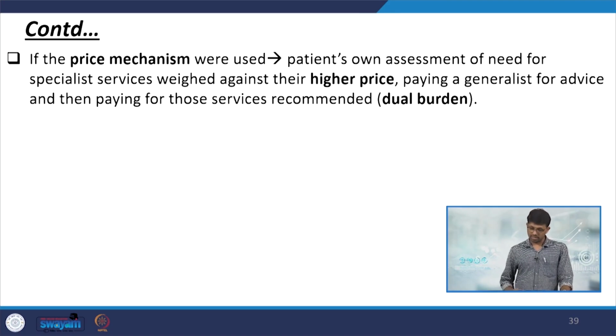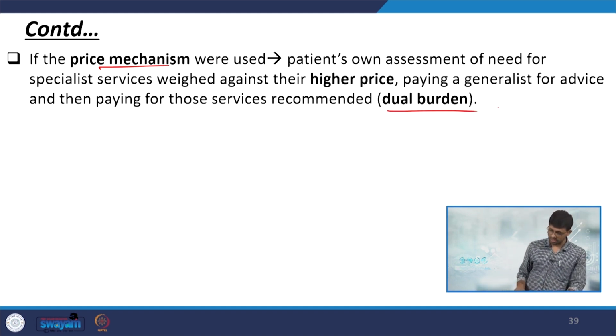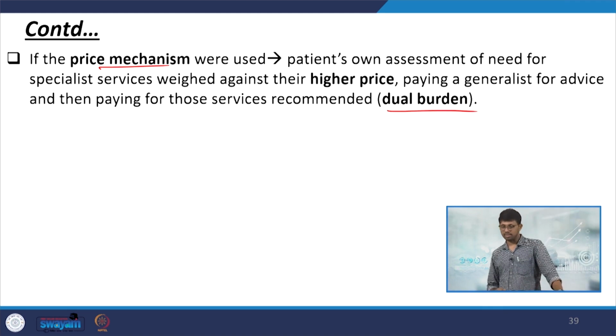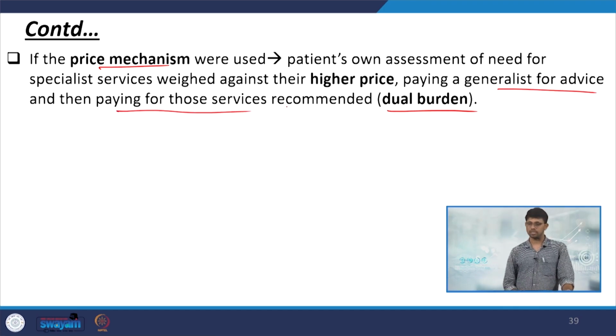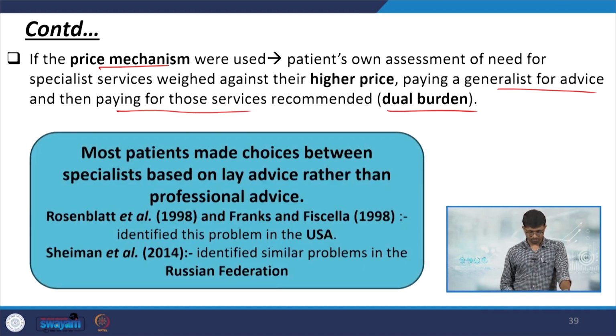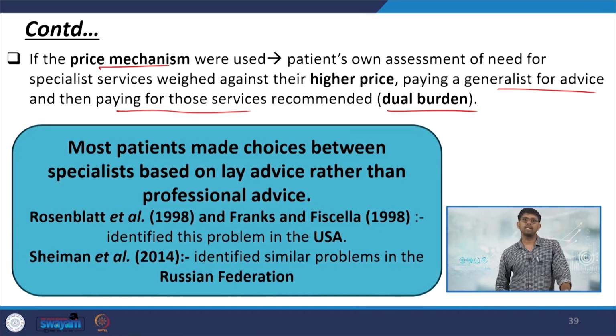This involves a dual burden as well: not just the assessment of the need for specialist services, but also the services they are further paying for. First of all generalist advice, as well as paying for the services, both ways require a price to be paid. Hence, it is attached with a dual burden. Most patients made choices between specialists based on lay advice rather than professional advice.